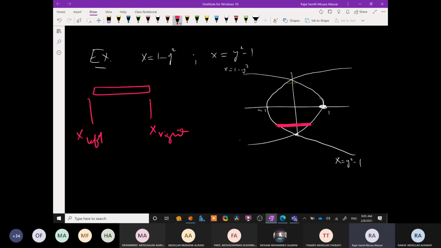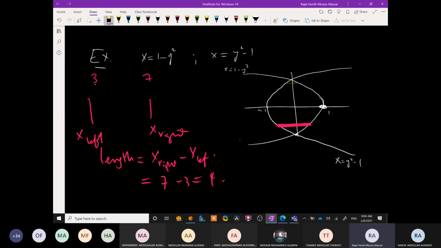For example, this is 7 and this is 3. The length of that is equal to x right minus x left, which is 7 minus 3 in this case, which is 4. Instead of being top and bottom, it will be right and left. So what's so special? Nothing.